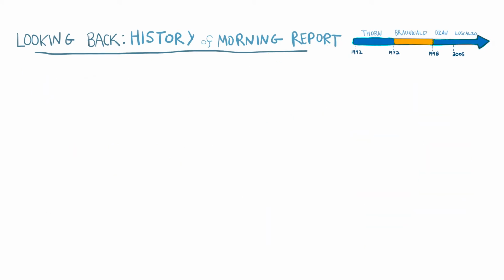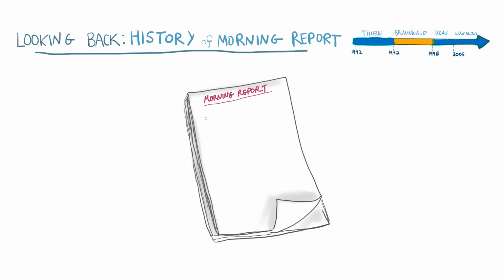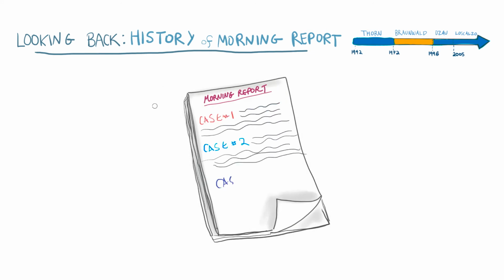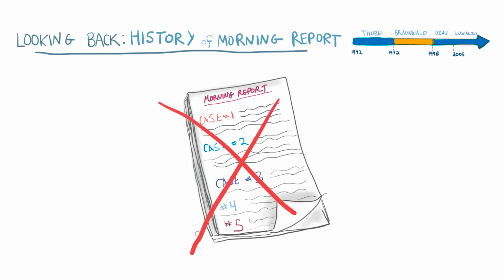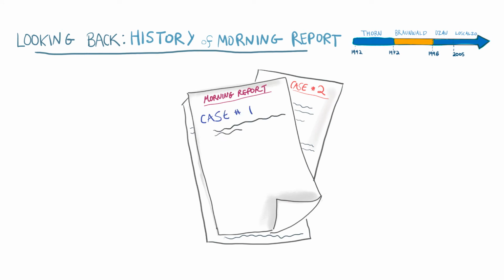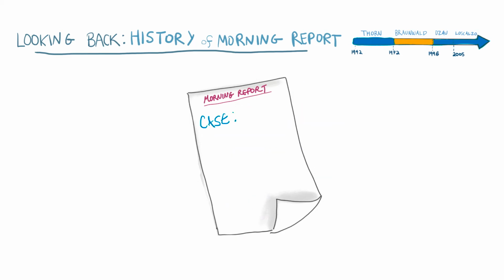In the Braunwald era, that changed. We decided rather than to just list cases, we would do 2 or sometimes 3 cases and try to look at them in some detail. Eventually, we figured out that it worked better if we used a single case.